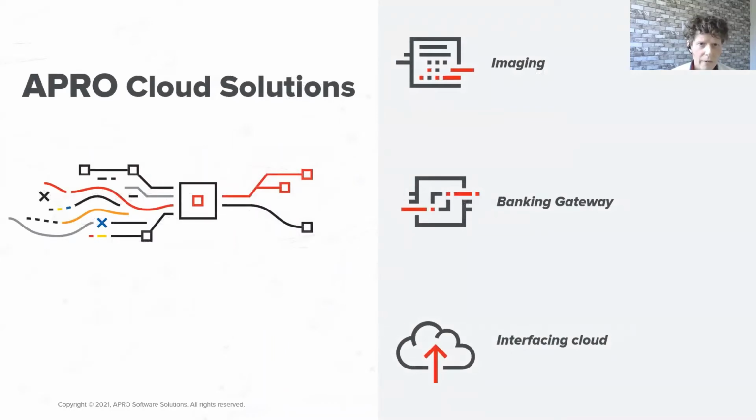As I said, today we have a focus on APRO Cloud Solutions. This is the solution that connects with Oracle Financials Cloud. In APRO Cloud Solutions, we have 3 modules. APRO Imaging for the AP Invoice automation, which we talk about today. We have an application called APRO Banking Gateway. Basically, what that does is automate your payments.